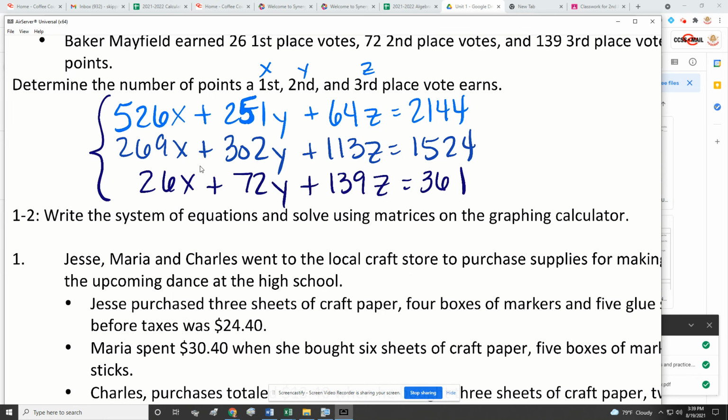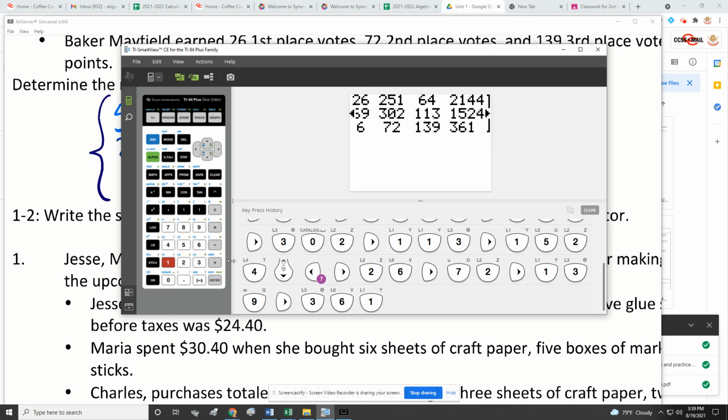I just put in these numbers. I didn't write down any of the x's, y's, or z's. I just put in the numbers in the order they appear. And after we're done with that, you're going to hit enter.